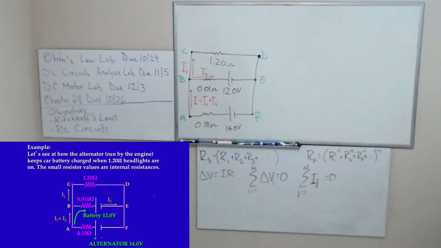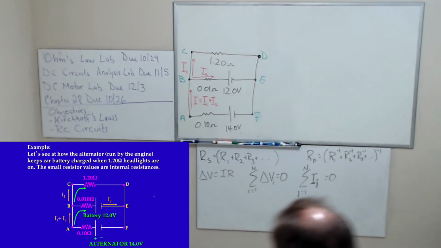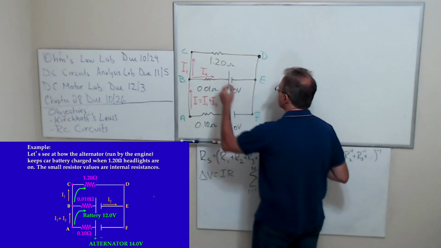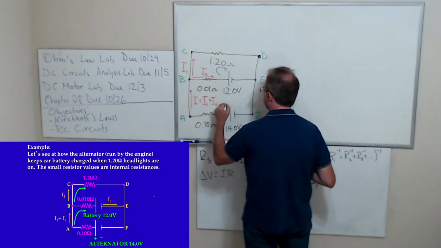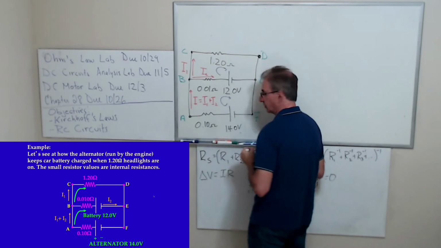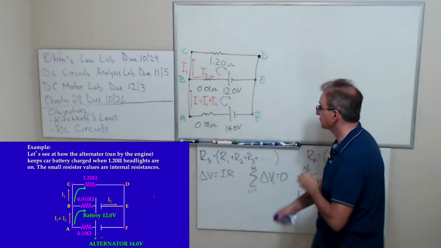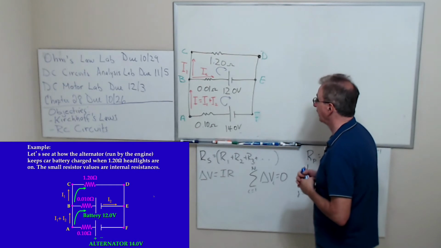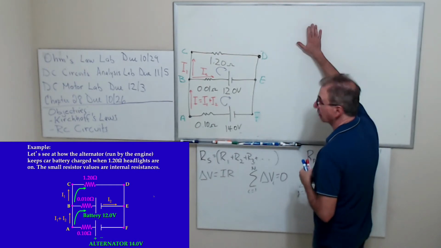And just for fun, I'm going to sum the voltage drops in the clockwise direction, going around each loop. I'll write my equations up here.